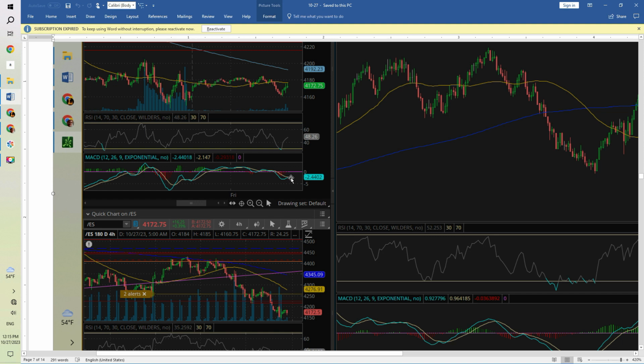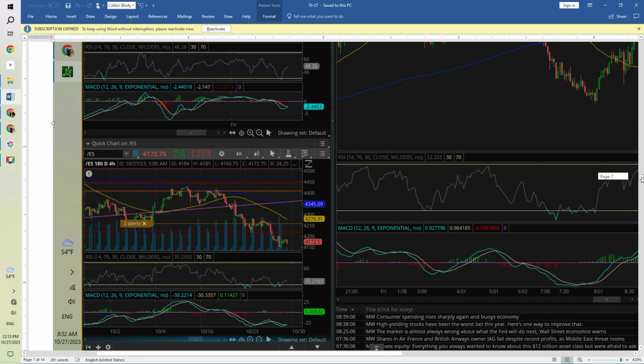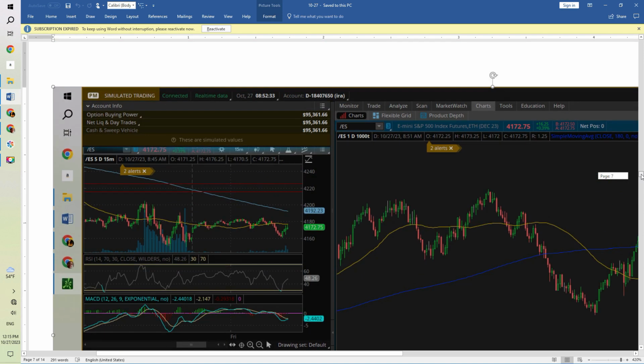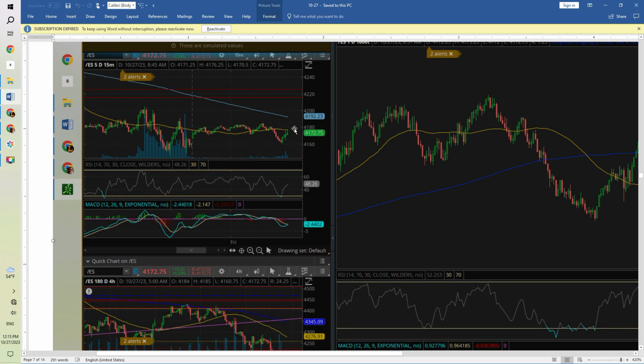And like I pointed out, the 15-minute chart and the 180-day 4-hour chart down here are both showing the MACDs going up. So you can actually see right here on this chart, the resistance level was right where it stopped. And so that's not terribly surprising that it stopped right there and then kind of took a little bit of a dip.